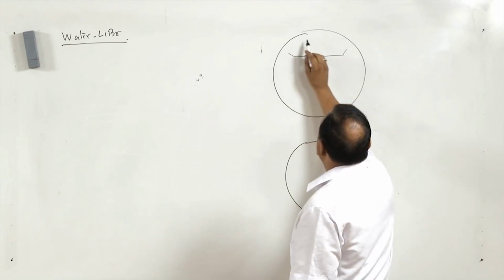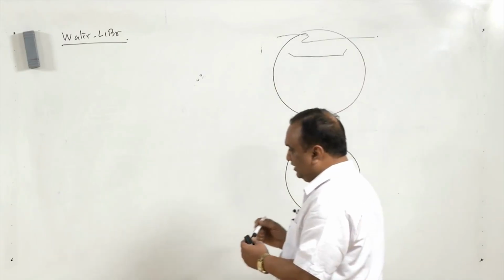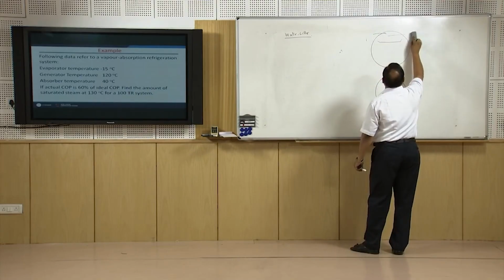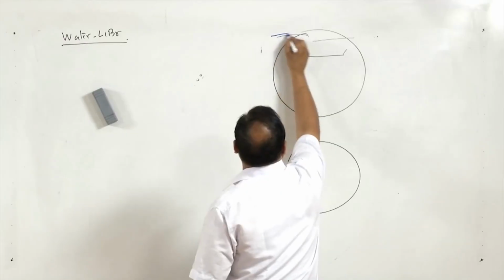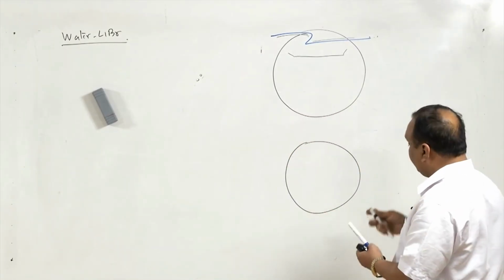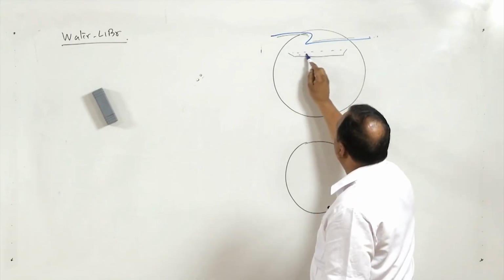We will start from the condenser. So, there is cooling water, I will show it with blue ink, so it will be easy to understand. So, this is the water which flows here, and water vapor is condensed, and the condensed water is collected in this tray.